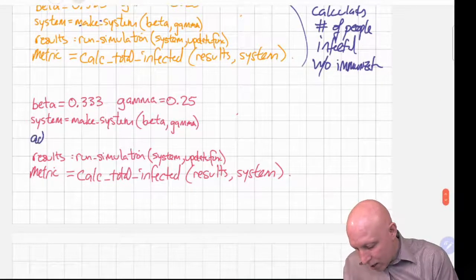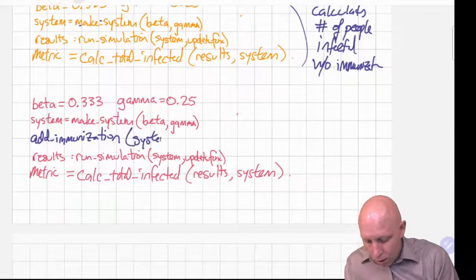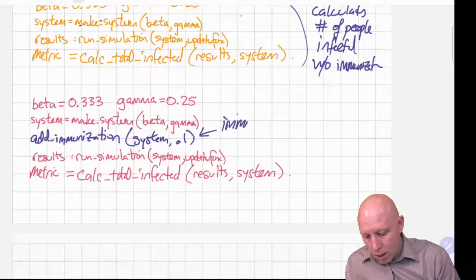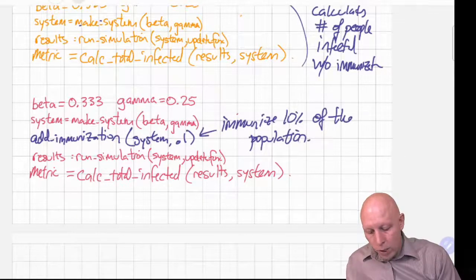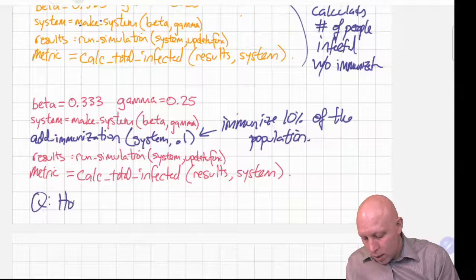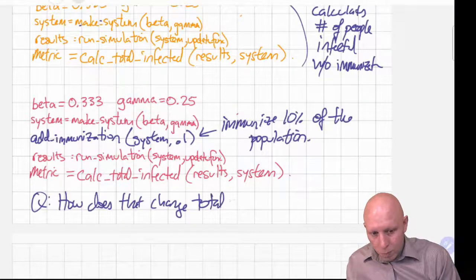We add in our immunization, and we'll immunize, for example, 0.1 or 10% of the population. And the question is, how does that change the total number of people who got infected?